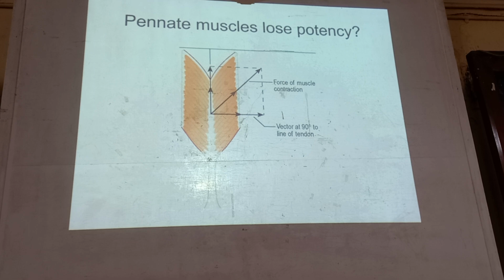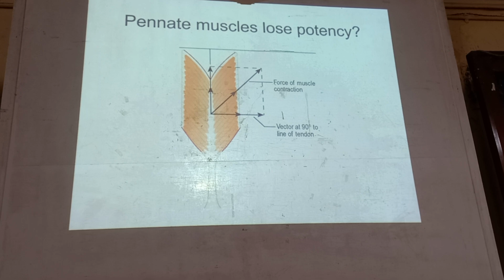How much is cos 30? 0.87. How much is cos of an angle slightly lesser than 30? Higher than that, 0.9.